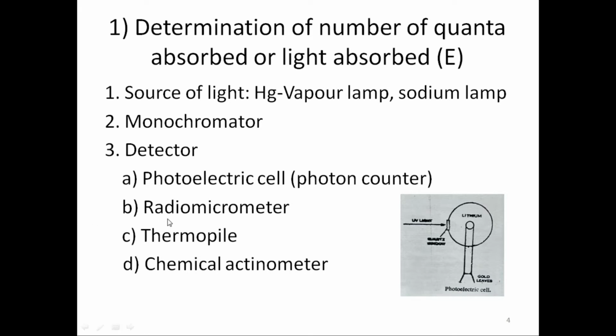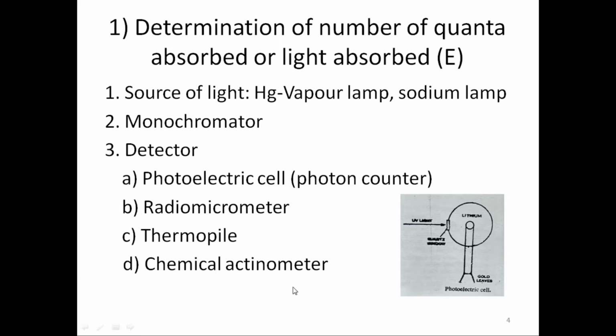The deflection is detected, which is proportional to the intensity of radiation. The third one is a thermopile. It is made by a junction of a large number of two dissimilar metals. When radiation falls on the thermopile, it generates EMF, which causes deflection in a galvanometer.